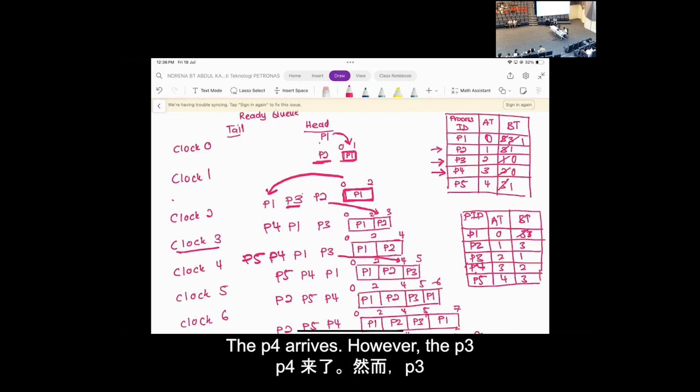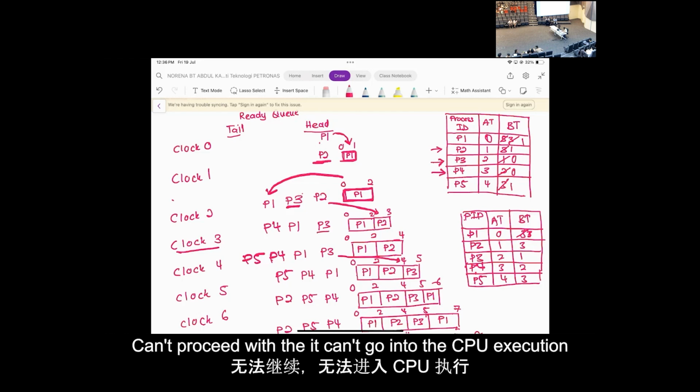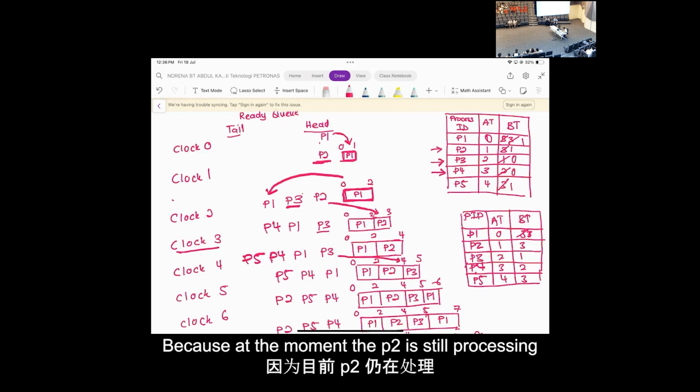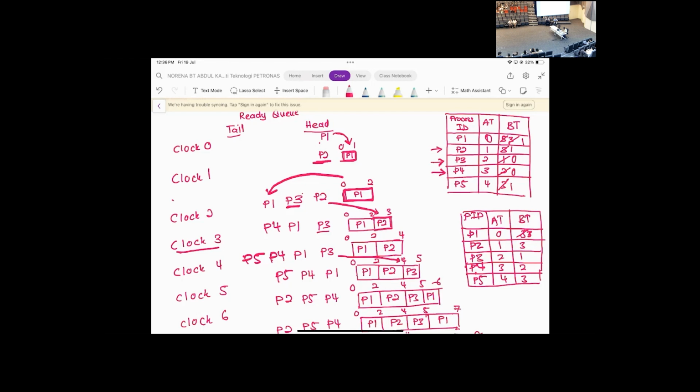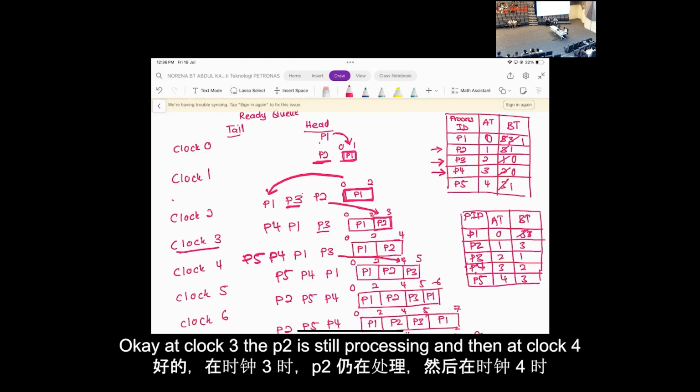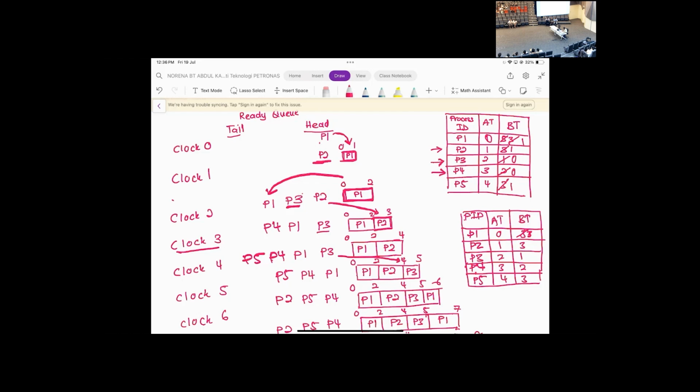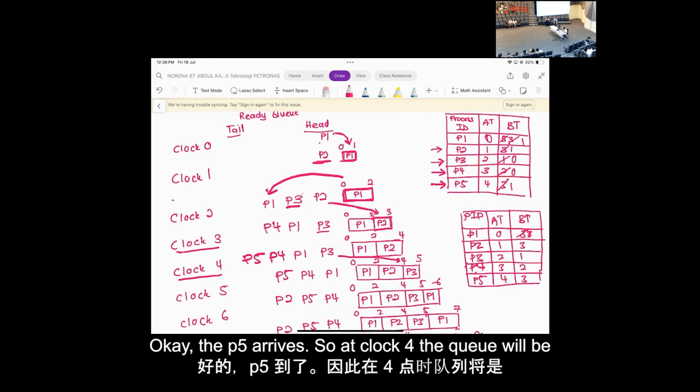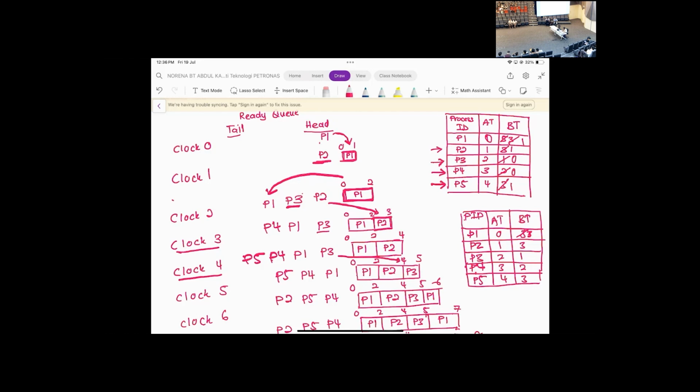However, P3 can't go into the CPU execution because at the moment P2 is still processing. At clock 4, P5 arrives. So at clock 4, the queue will be P3, P1, P4, and P5.